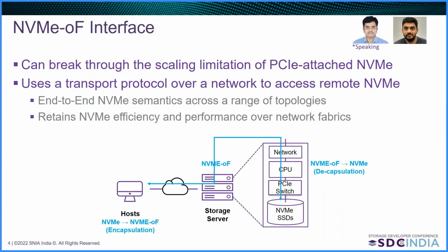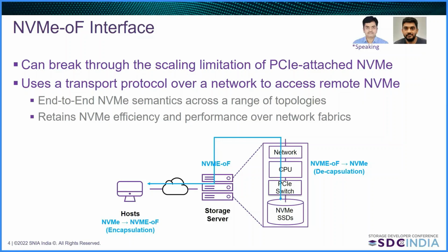Before going to the Poseidon OS, we can have a look at the NVMe over Fabric interface. NVMe-oF has emerged to break through the scaling limitations of PCIe attached NVMe. It allows storage applications to talk to remote NVMe devices over network and consequently unblocks those applications from the physical limitations on the number of PCIe lanes a single host can have.